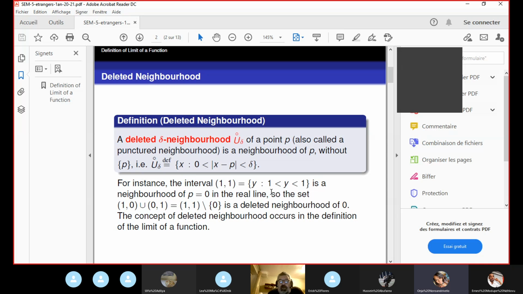I will check this in the next version of this file, but in fact, if I take a deleted neighborhood of some point P, then I will have the neighborhood, but without this point P. Okay? Clear? Yes. Excuse me for my misprints. It's okay, it is possible.